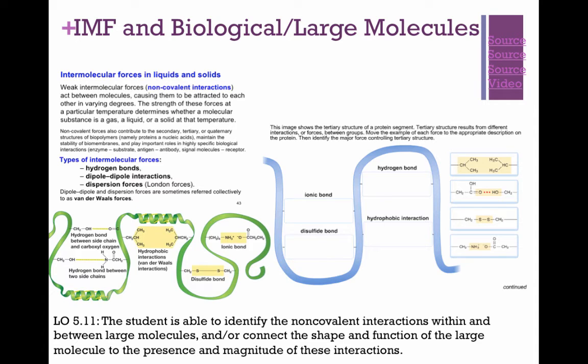Okay, intermolecular forces in biological molecules, they added this in this year. They just want you to see, like, DNA hydrogen bonds. They had a question 2 years ago where they gave you DNA and they said, which of these are hydrogen bonds?